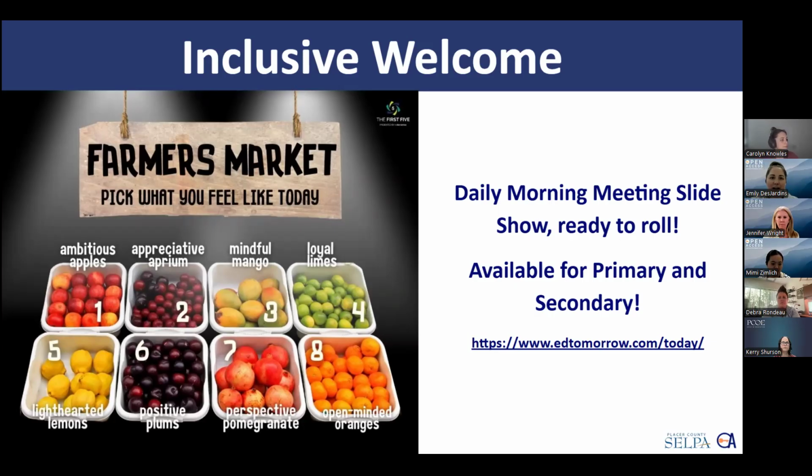In the chat, you can introduce yourself, your name, your role, and then maybe think about how you're showing up today. Are you feeling like an ambitious apple? Are you feeling like an appreciative aprium? Maybe a prospective pomegranate? The added challenge for you is, if one of these isn't speaking to you, you can create your own alliterative fruit or vegetable name if you'd like. Maybe you're feeling like an elated eggplant or an annoyed asparagus, or whatever brings you deep joy or connection. That's your added challenge.